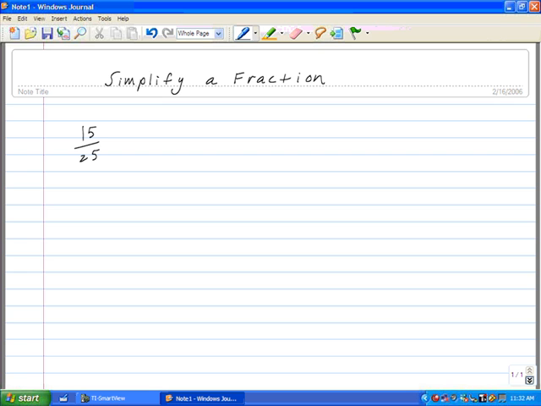You look at your fraction, like in this case 15/25, and what you want to look for is factors. A fraction is always simplified by canceling out factors.